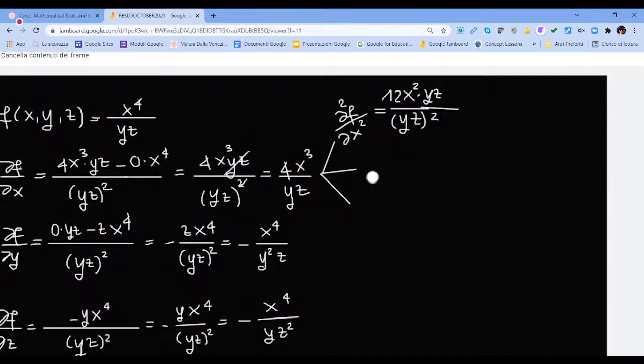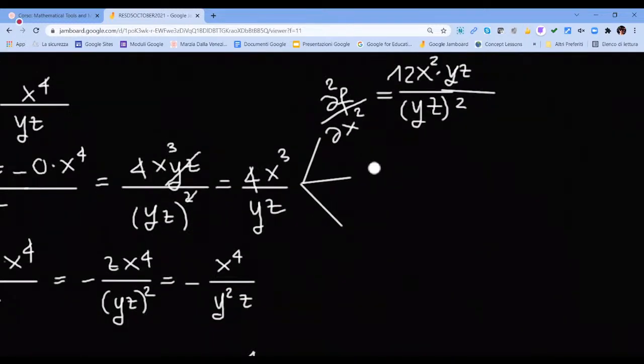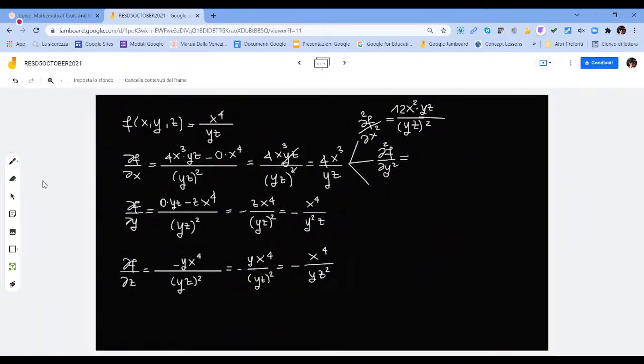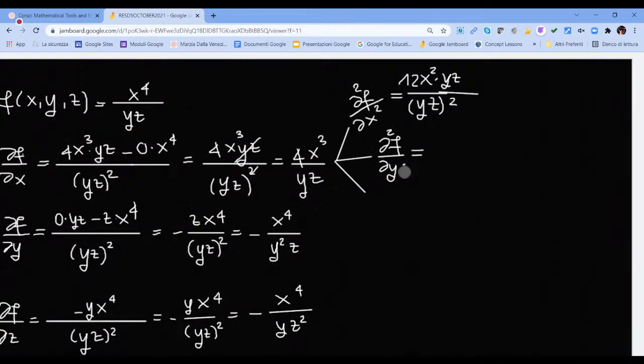If we derive with respect to y, and maybe the other derivatives that are left, I'm sorry, this is not the correct one. This is the derivative with respect to y of the derivative with respect to x.